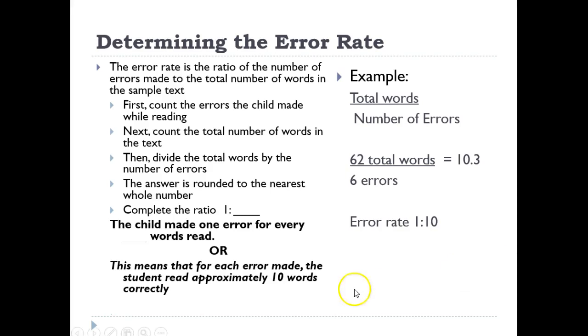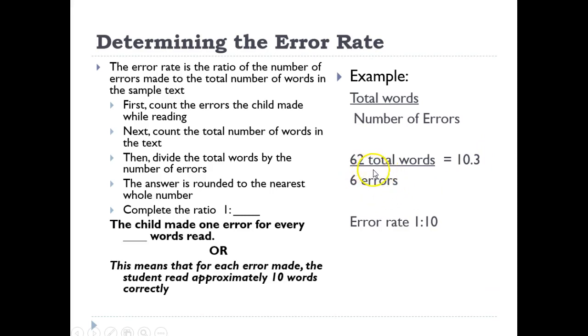So here it is right here. Our formula: the total number of words divided by the number of errors. The answer is also rounded to the nearest whole number. The child here had made 6 errors.